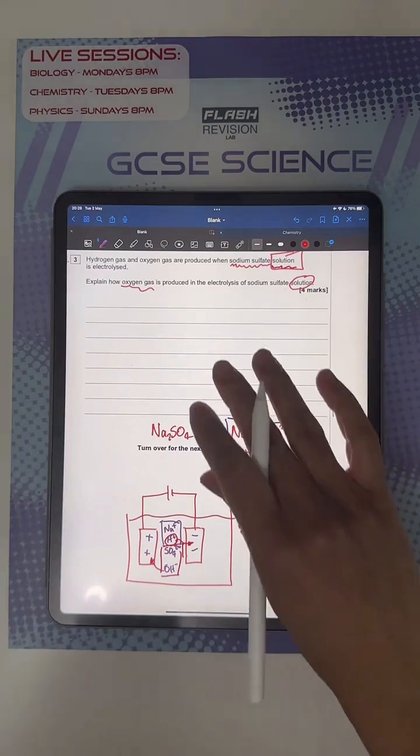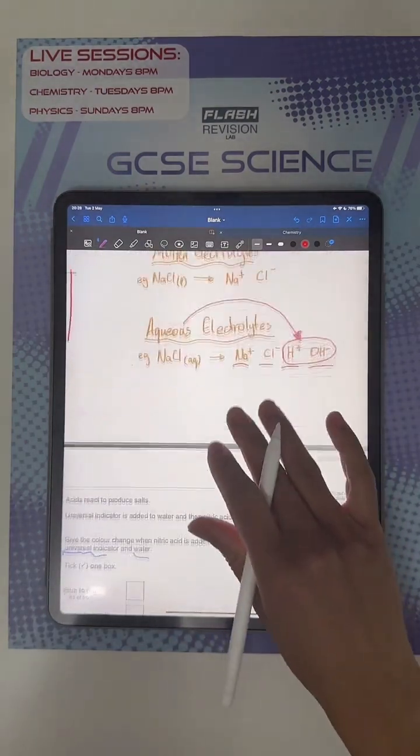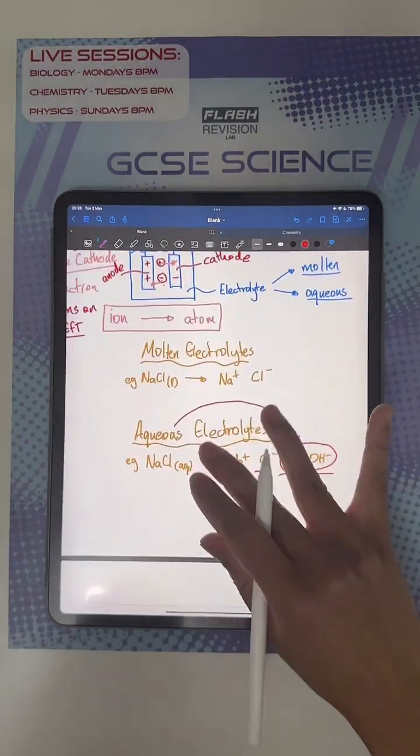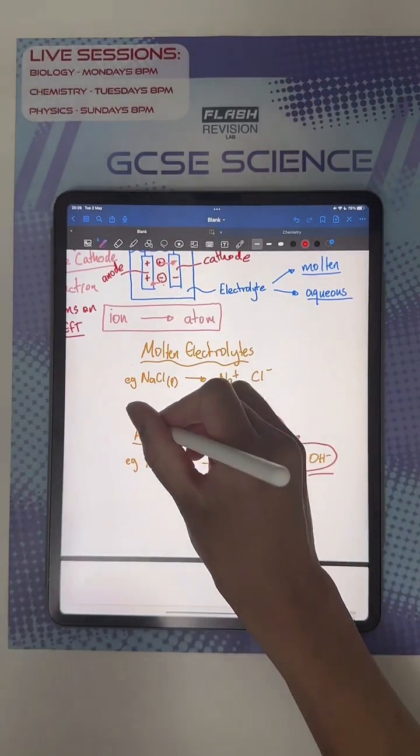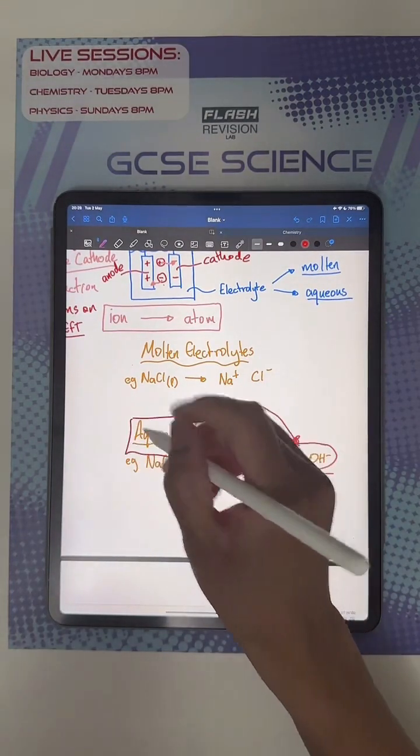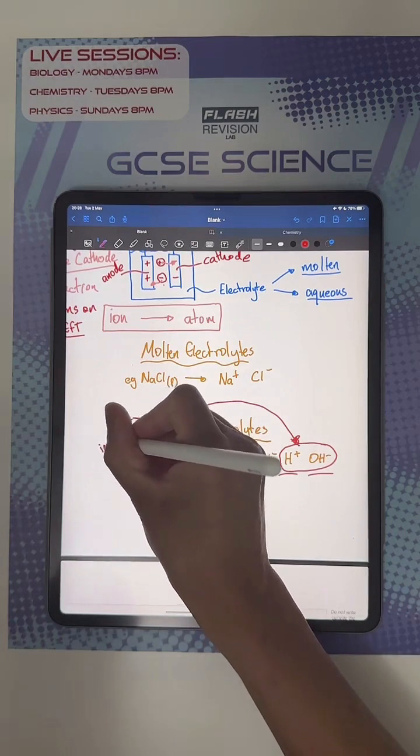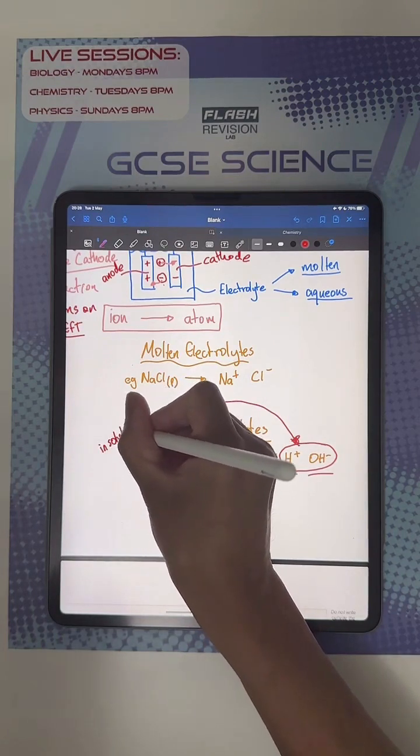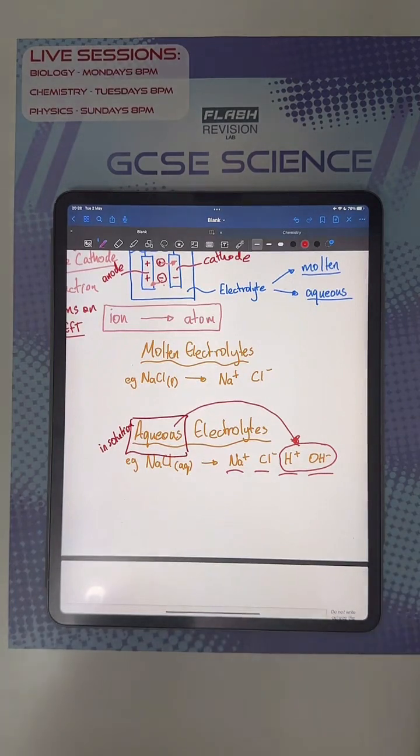Okay, so let me write this down in our notes. This is all to do, remember, only with aqueous ones in solution. If it says in solution or aqueous electrolyte, then that's when you start using the rules.